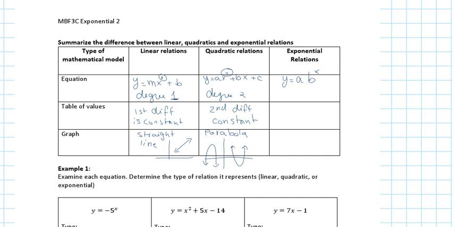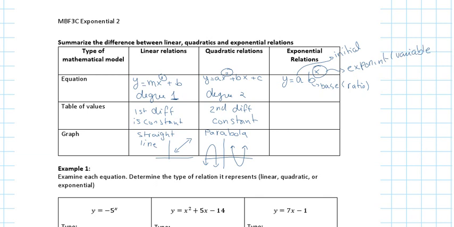B is your base, or your ratio. X is your exponent, and the exponent is the variable, the one that is unknown. So the exponent in the exponential format is the variable. This is how you're going to know that it's exponential.